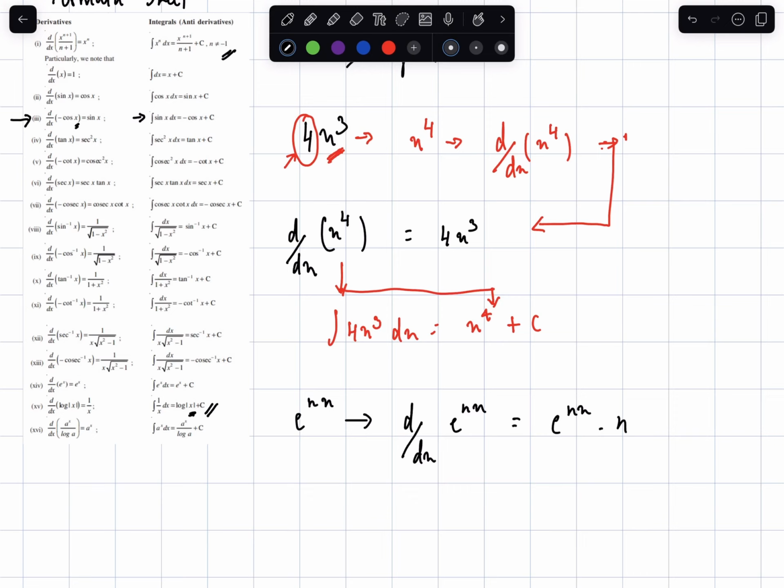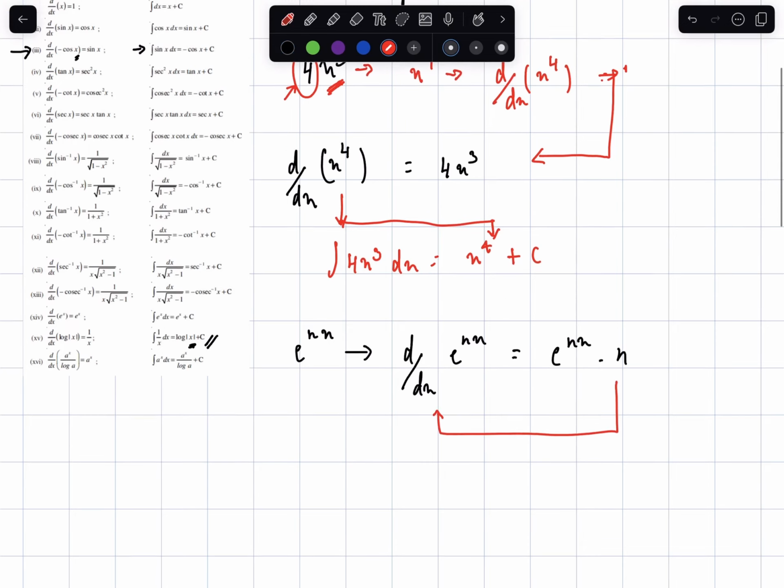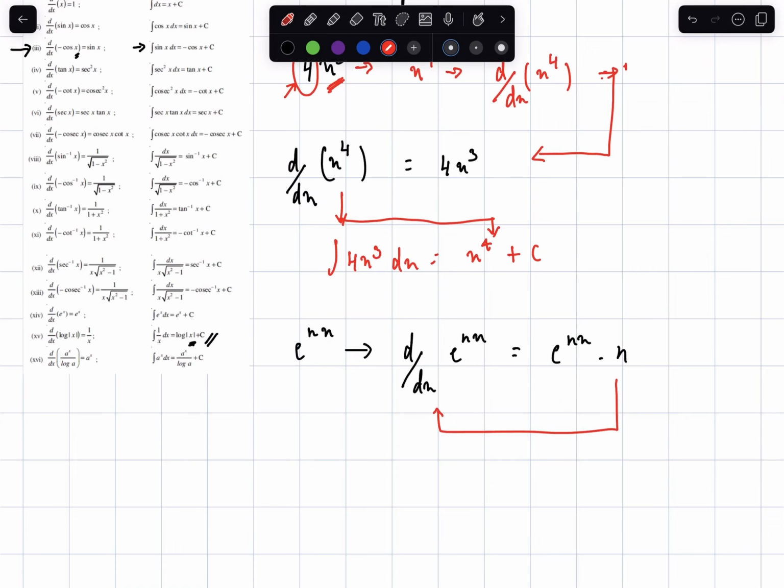Correct? And all you have to do is take n to the other side, which will result in d by dx of 1 by n e raised to the power nx is equal to e raised to the power nx.